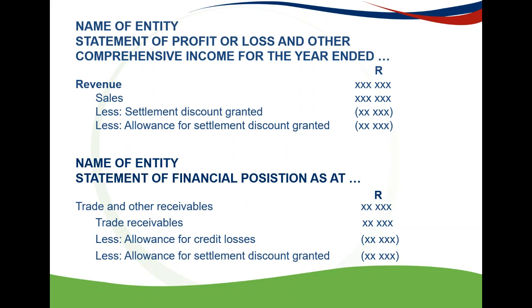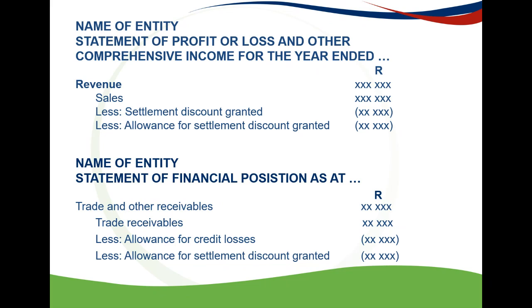Now, we will be looking at our allowance for credit losses later in this presentation. But currently, the important one here is the allowance for settlement discount granted, the 1,350, because we debited our sales with 1,350 and we credited our allowance for settlement discount granted.